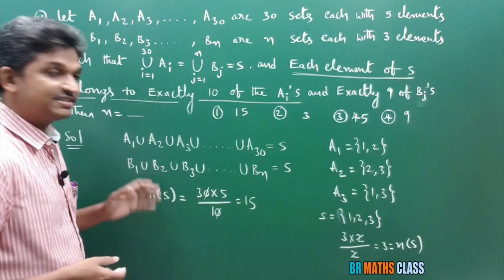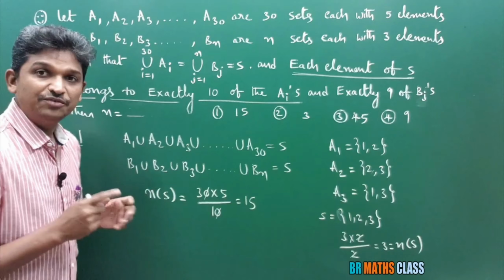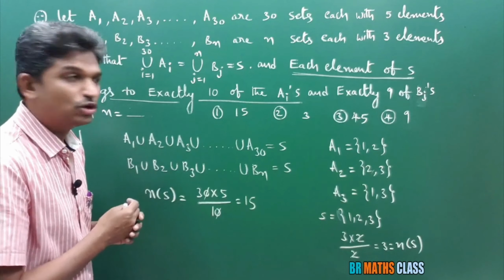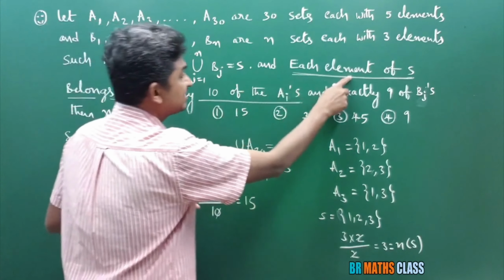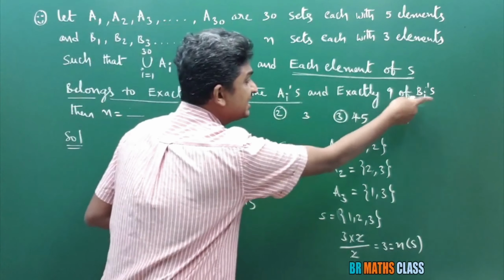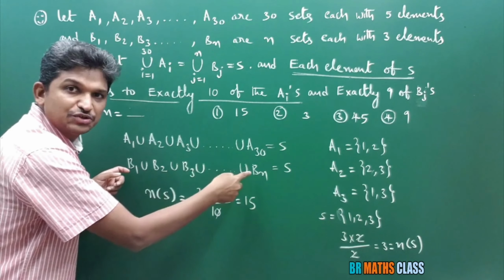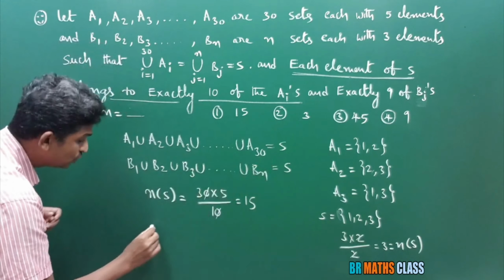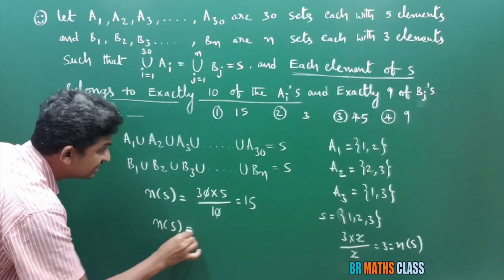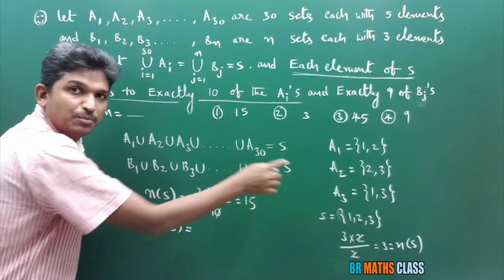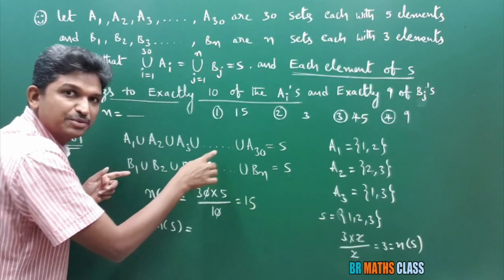Now, same like this, the information related to the B's. Each element of S belongs to exactly 9 of the B's, and you know that the union of all B1, B2, B3 and so on up to Bn is S. So how do you calculate the number of elements in S as per this information?